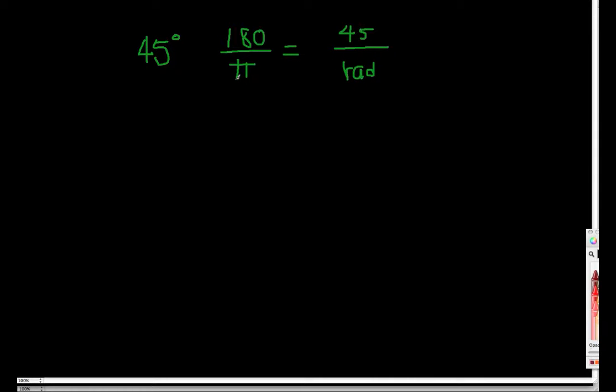Okay, cross multiply both ways. I get 45 times pi is equal to 180 times the angle in radians. Divide both sides by 45.